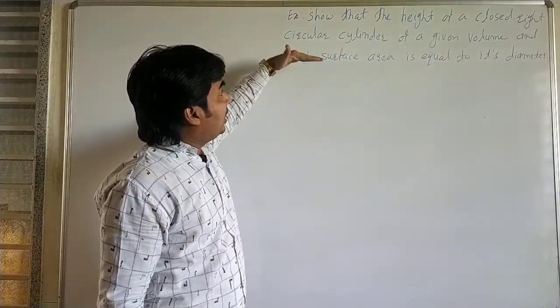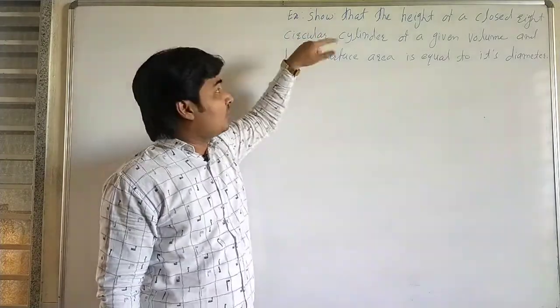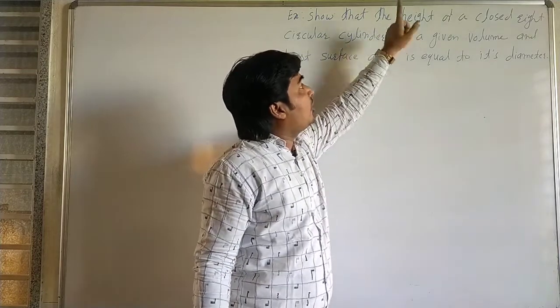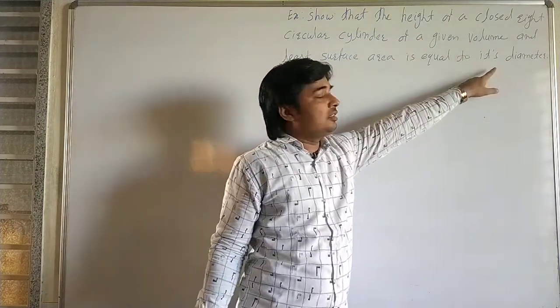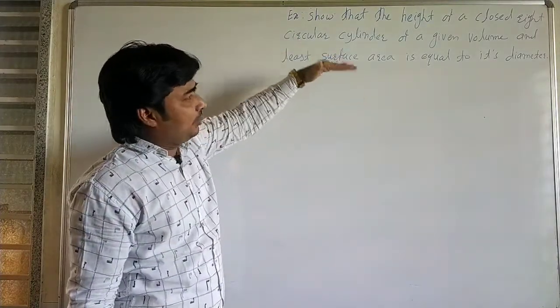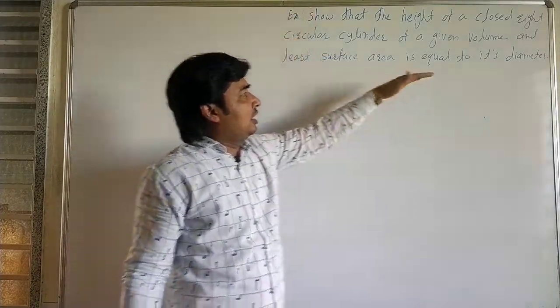Now we find the minimum surface area, and when the surface area is minimum, the height of the cylinder is equal to the diameter of the base circle. Okay, here the base circle, the cylinder has two circles.